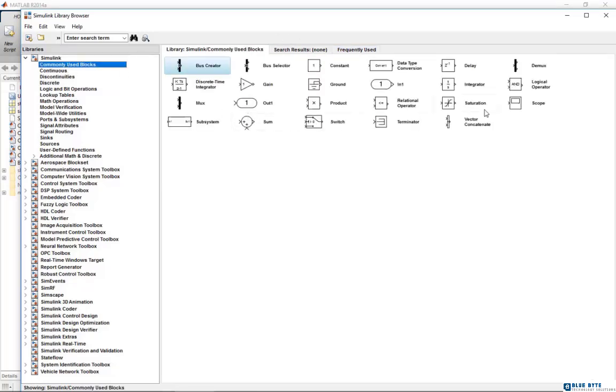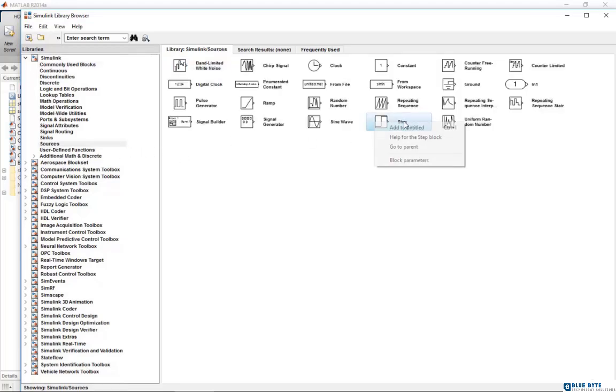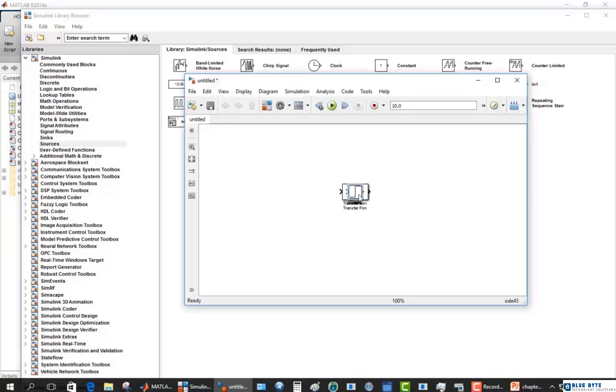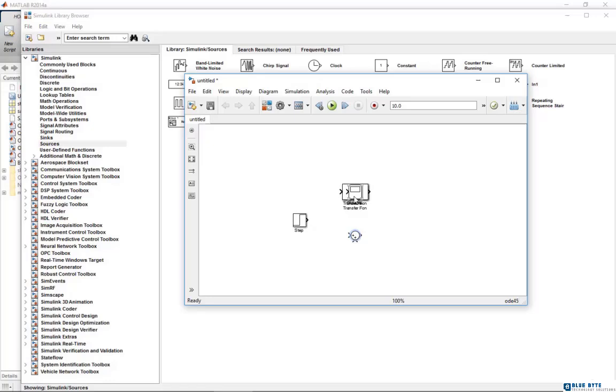I want to have a feedback system. And for the step, I add a step 2. Here we have both discrete and continuous. Here we connect the discrete transfer function to the continuous transfer function.